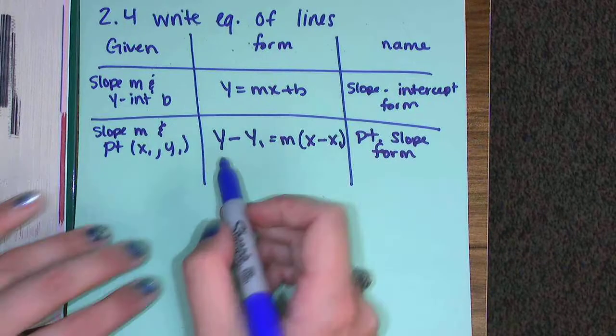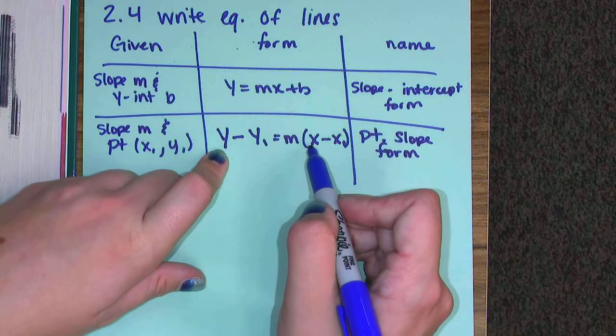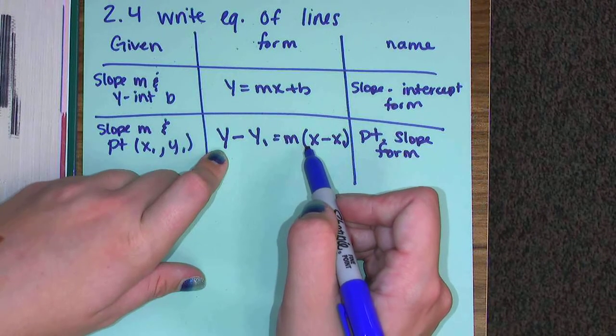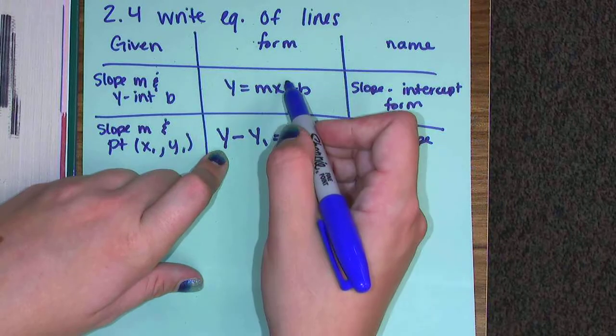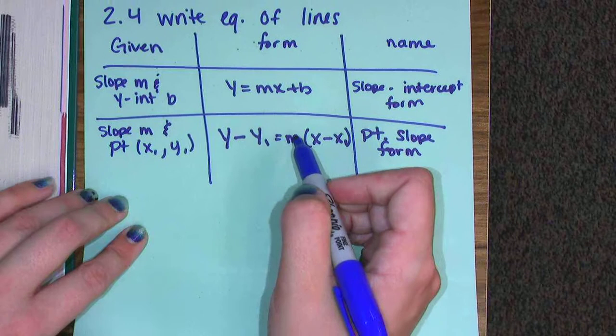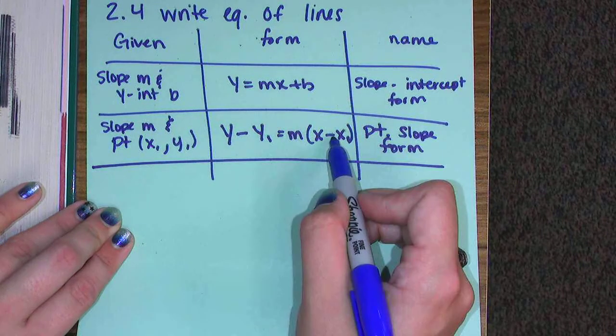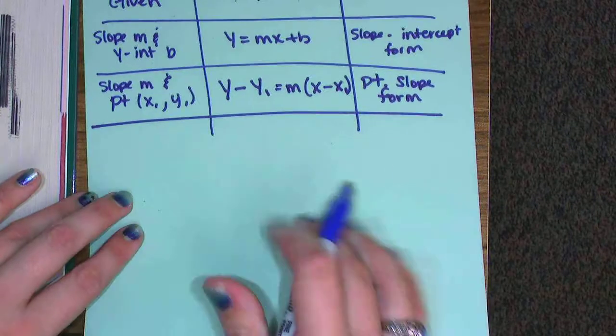Here, y without a number beside it and the x without a number beside it are the variables that stay. And from here we can get it into slope-intercept form. I might run through one example showing this here in just a minute. And notice the negative signs. Make sure you pay attention to those as well.